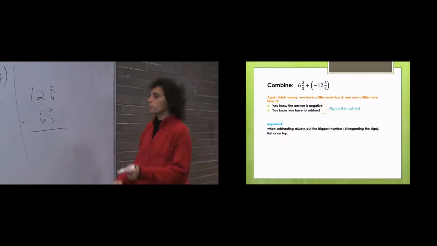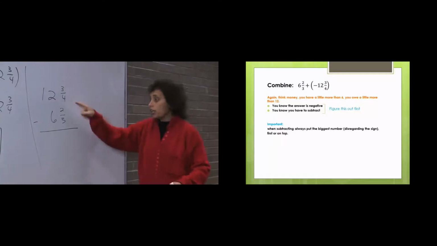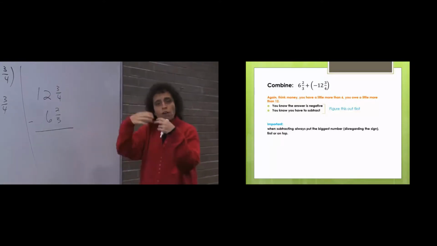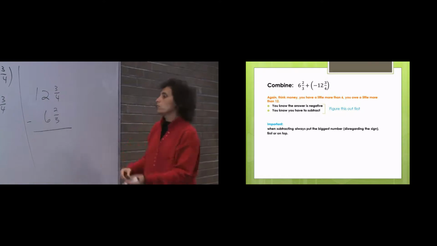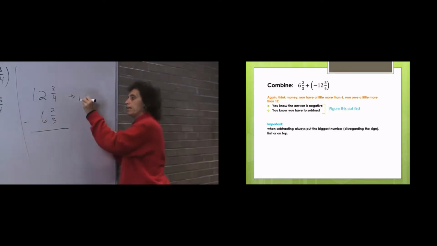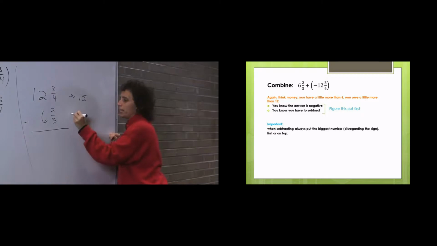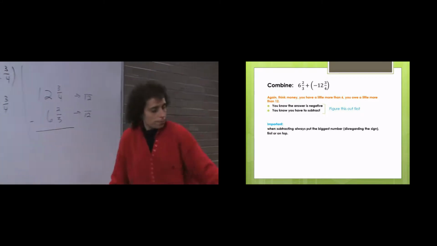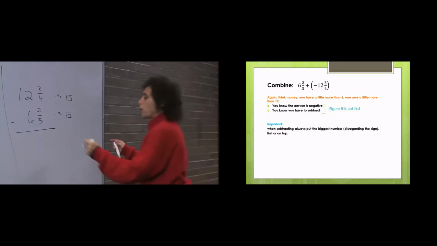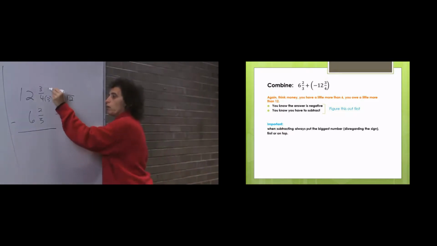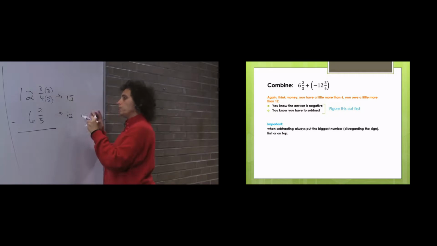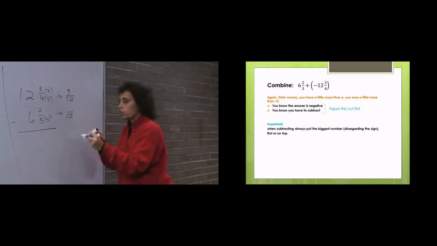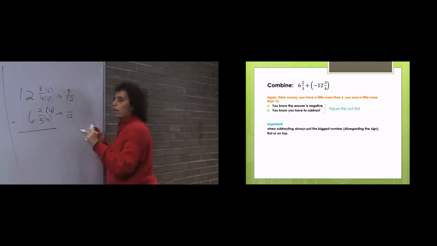So here we go. We need a common denominator. I look at the bigger number. 3 does not go into 4, so I need multiples of 4. 4, 8, 12. 12's the winner. Ding, ding, ding. That's a poor ding. I have to work on my ding. Okay, so now let's build our fractions. 4 times 3 is 12, so 3 times 3 is 9. 3 times 4 is 12, so 2 times 4 is 8.